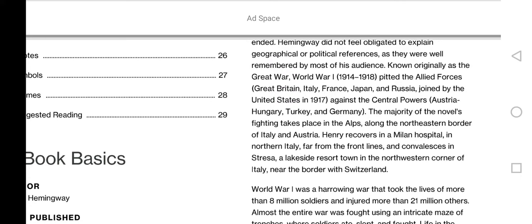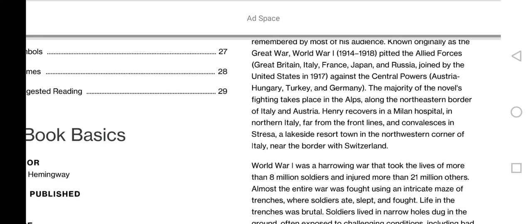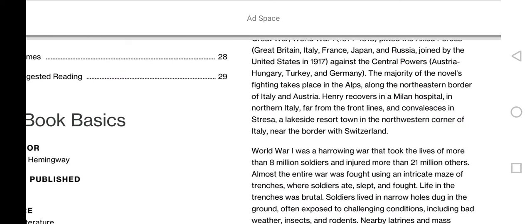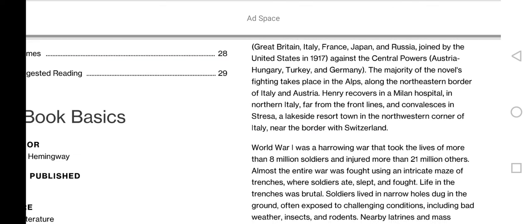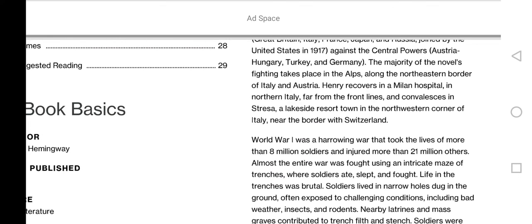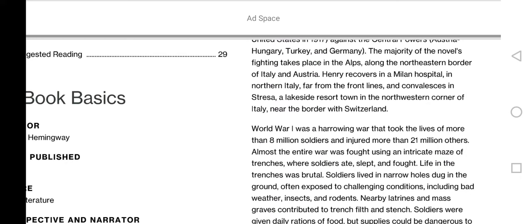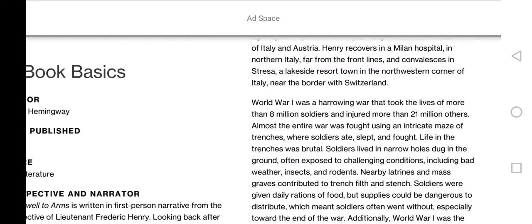World War I, originally known as the Great War, 1914 to 1918, pitted the Allied forces, Great Britain, Italy, France, and Japan, joined by the United States in 1917, against the Central Powers: Austria-Hungary, Turkey, and Germany. The majority of this novel's fighting takes place in the Alps along the northern border of Italy.